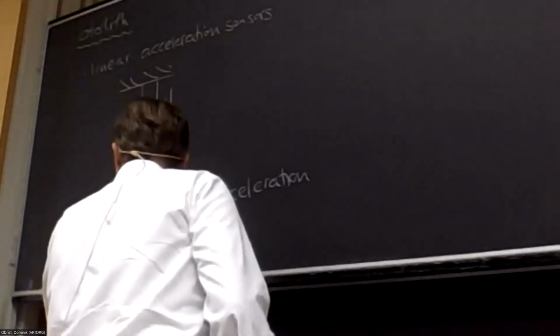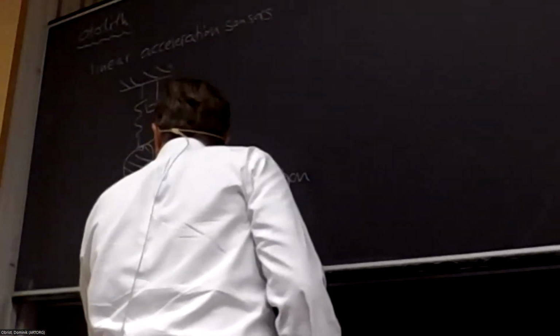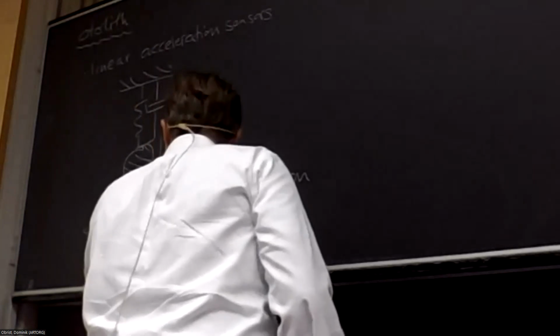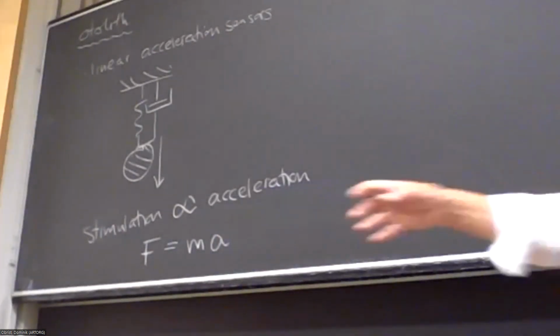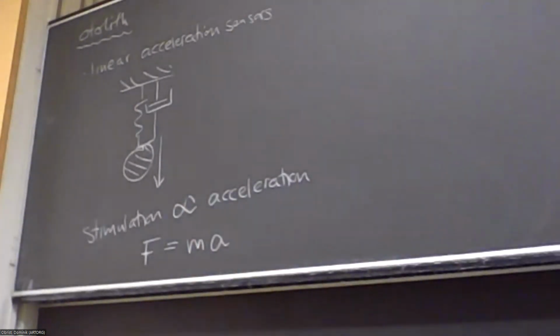Right? Why? The force that is pulling this whole thing is equal to m times a, a being the acceleration. It could be the gravitational acceleration, m times g, but just to be general, it's an acceleration.